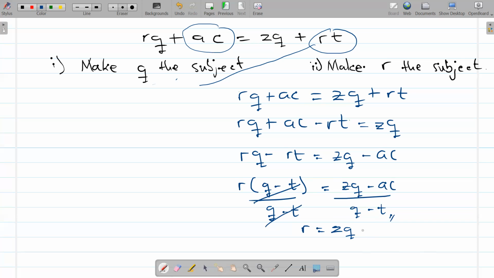So R is equal to ZQ minus AC over Q minus T. That's it. You see, it's not difficult. It isn't if I just follow the steps. So mathematics is about being principled. Once you know the principles, you go according to the principles, you always get it right.